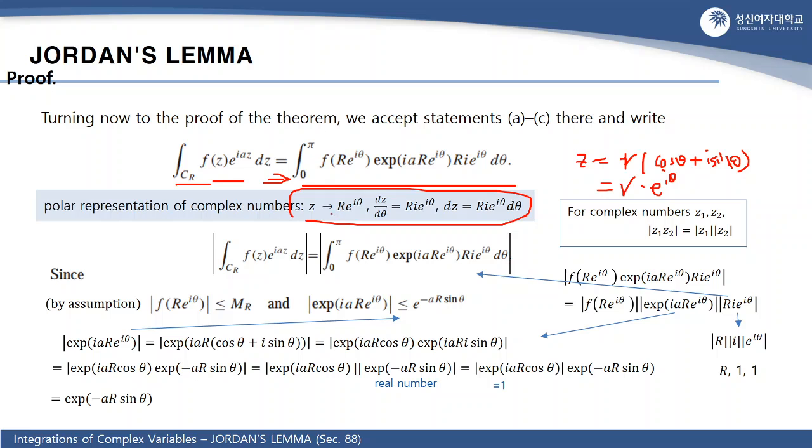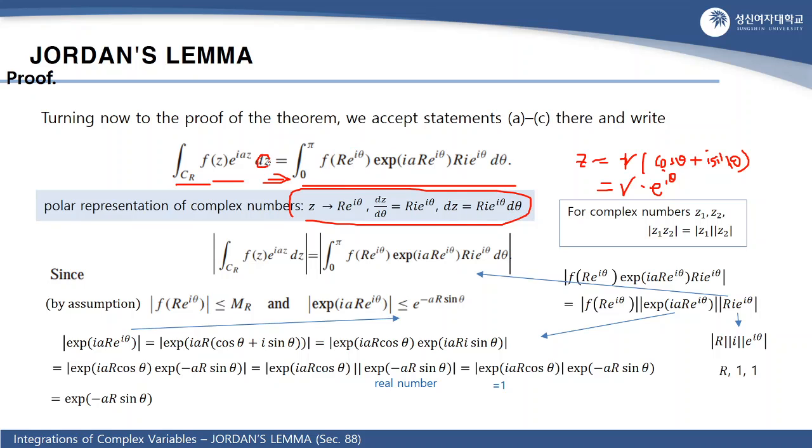When g is equal to capital R times e to the i theta, then if we differentiate both sides in terms of theta, we get this relation. So dg is equal to i times e to the i theta d theta.